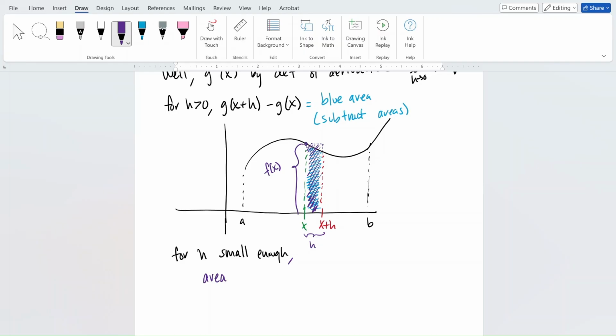The blue area is approximately the area of the rectangle with height f of x and width h.